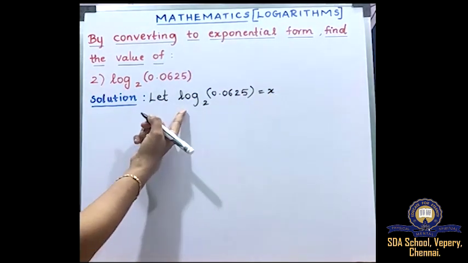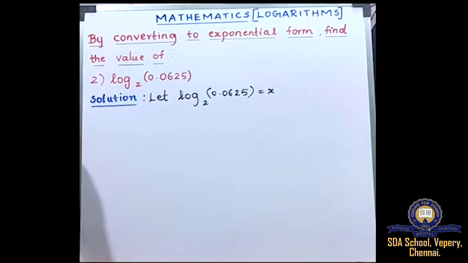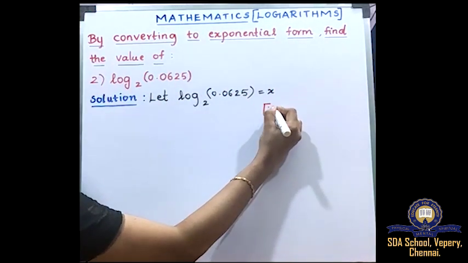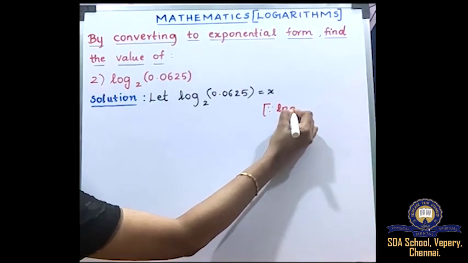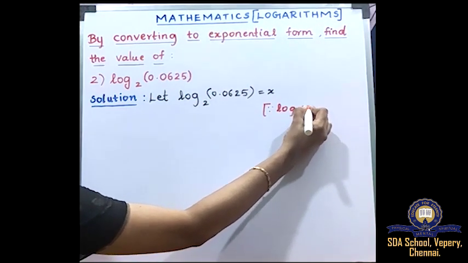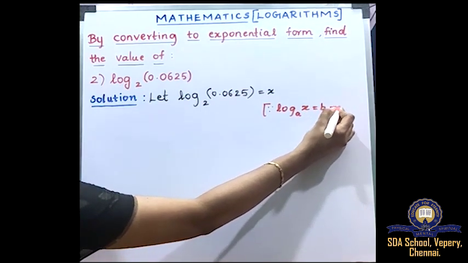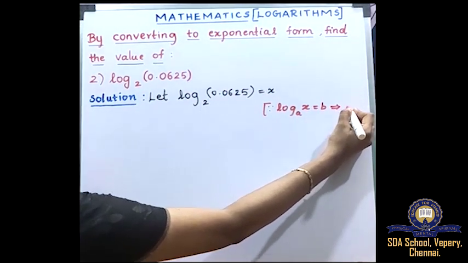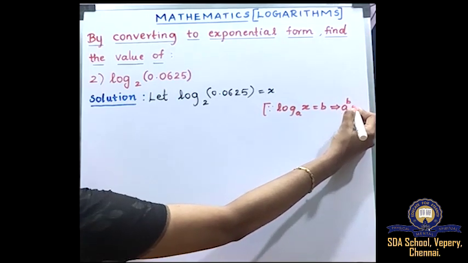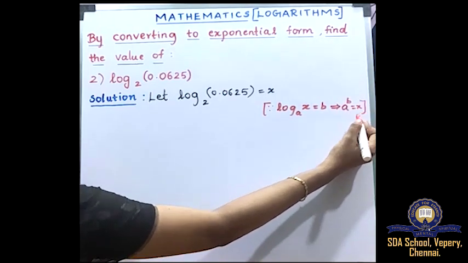So now you are going to convert this to exponential form. So as we know by the definition, if log x to the base a equals b, then the exponential form is a power b equals x, right?